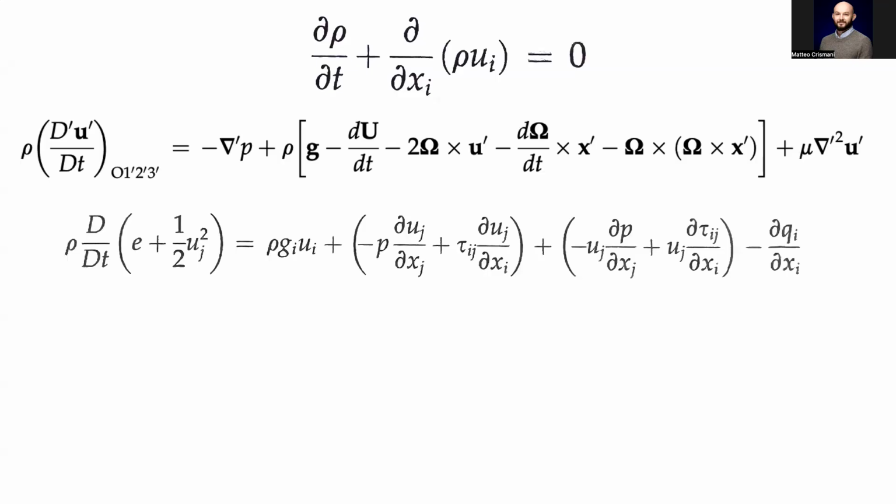So what have we said? Okay, let me show you again. Here's the Navier-Stokes equation.